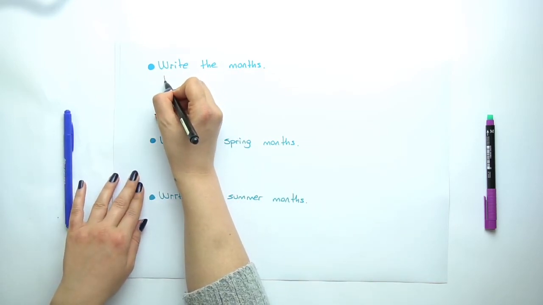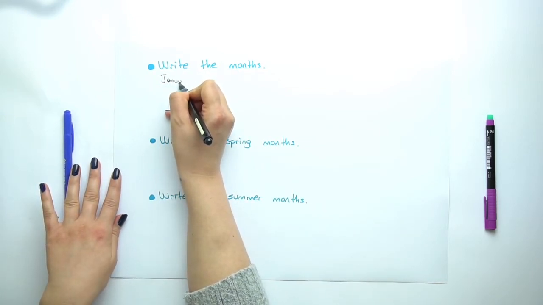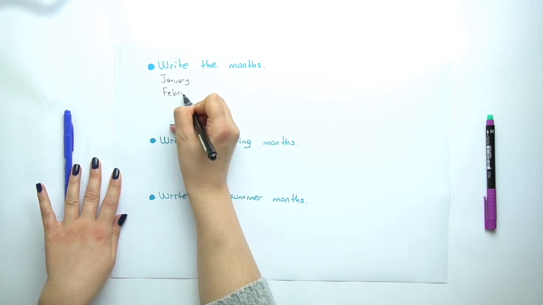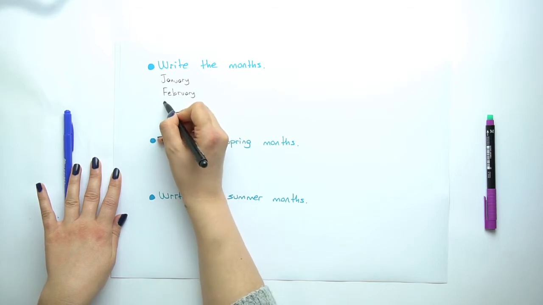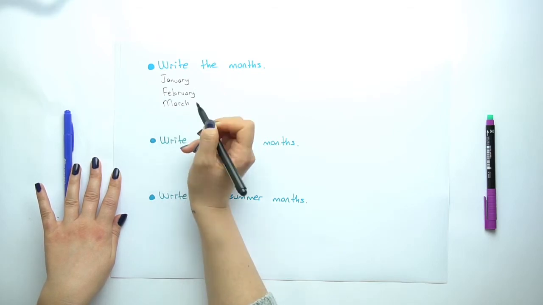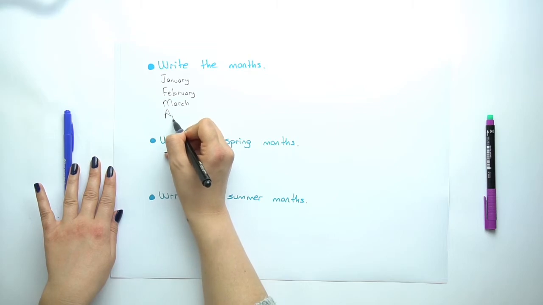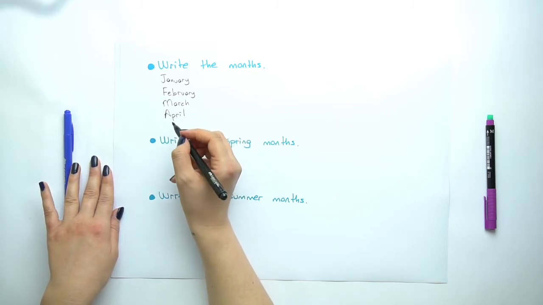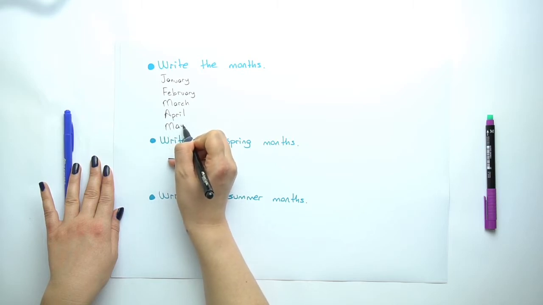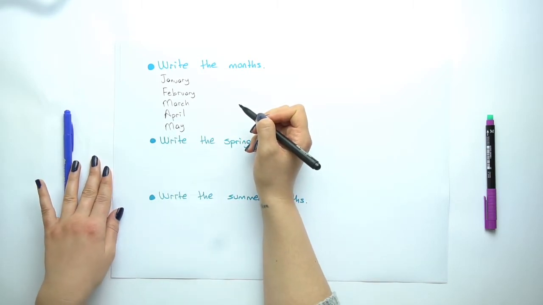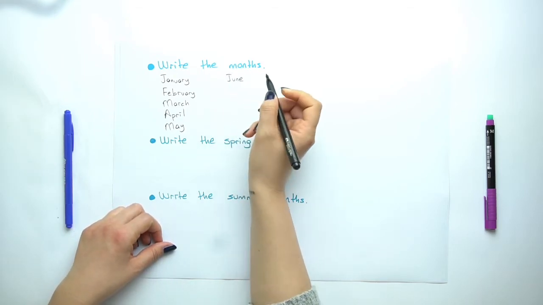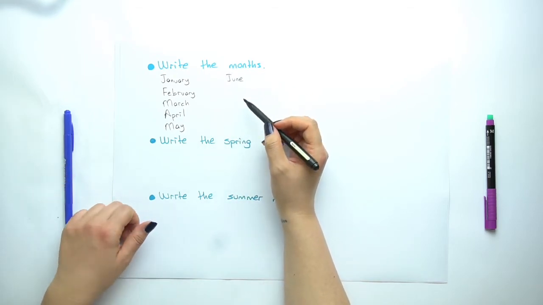First one, January. Then we have February. Then March. Then we have April. Then what comes next after April? We have May. Then what comes after May? It's June. What comes after June?